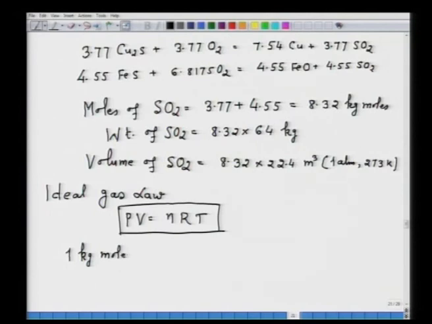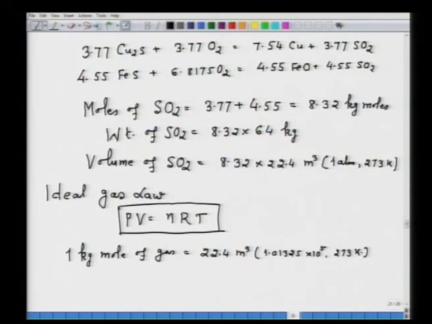Now, so here we can say 1 kg mole of gas, that is equal to 22.4 meter cube at 1.01325 into 10 to the power 5 Newton per meter square and 273 Kelvin.